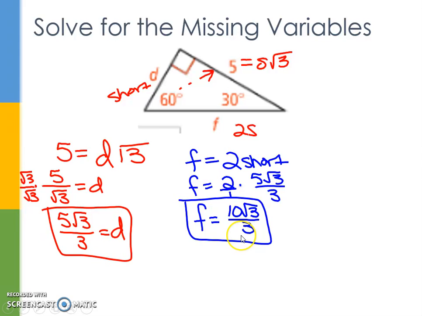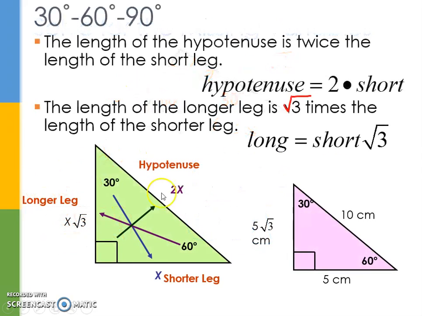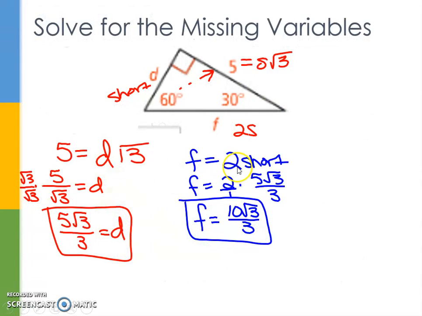Now that we have the short side, you just have to double that. Multiply that by 2. That's how you get the hypotenuse. So right here, the hypotenuse is 2 times short. We just found the answer for short, which is 5 radical 3 over 3. So you just have to multiply by 2. 2 times 5 is 10, radical 3 over 3.